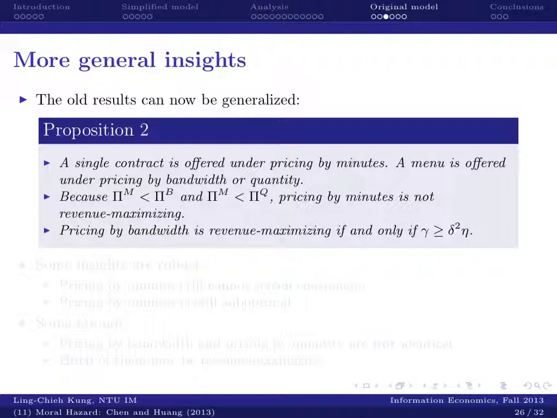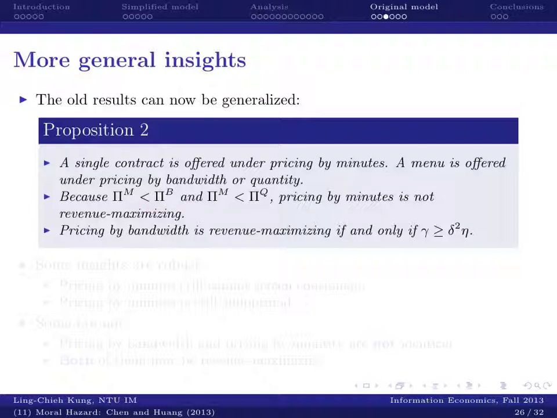We just get some constant coefficients. That's not going to affect how we solve the problem, right? And that's why the contract format will still be identical. And then we can show that pricing by minutes is just the worst. It's not revenue maximizing. Okay.